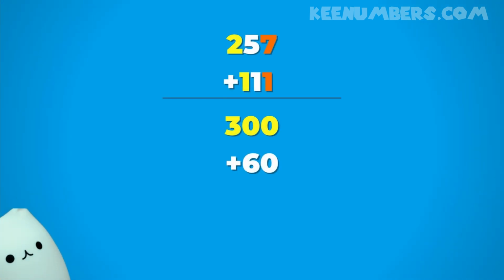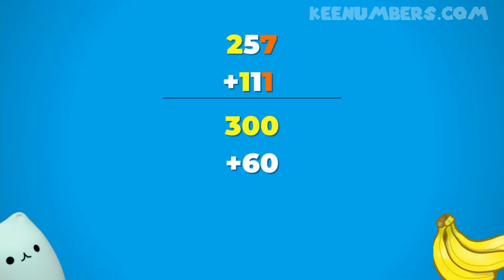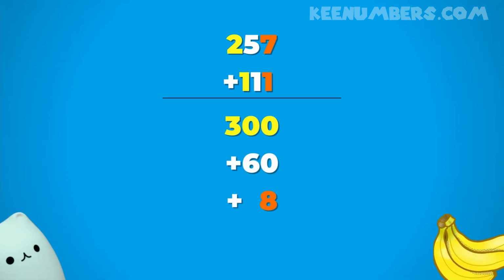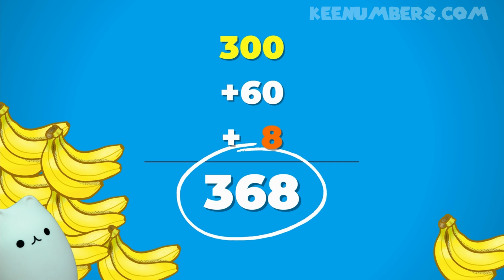Likewise, 50 plus 10 is 60, because we're talking about 5 10s plus 1 10, 5 plus 1, that's 6, so 60. And finally, 7 plus 1, that's 8. So we are dealing with 300 plus 60 plus 8. In other words, that's 368. Whoa! That is a lot of bananas. 368 bananas!